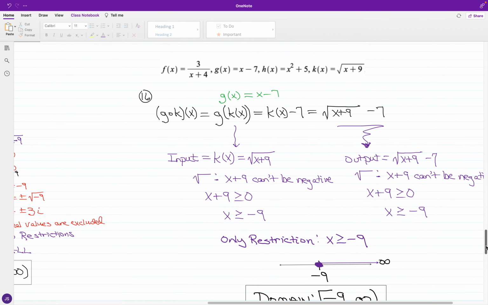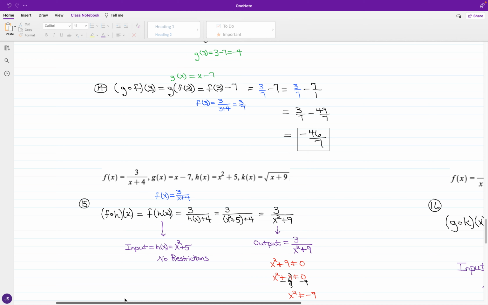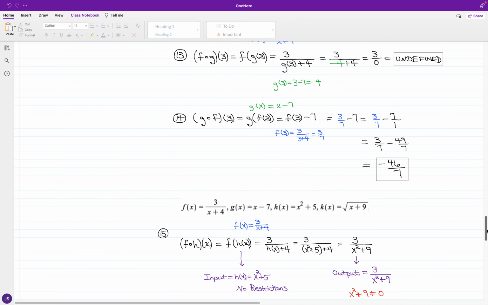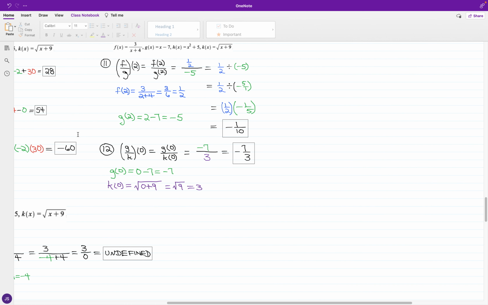Okay, all right. Now for the next item, number 17, we're looking at the domain of the sum of f and k of x, as well as in number 18 the domain of the quotient, f over k of x.